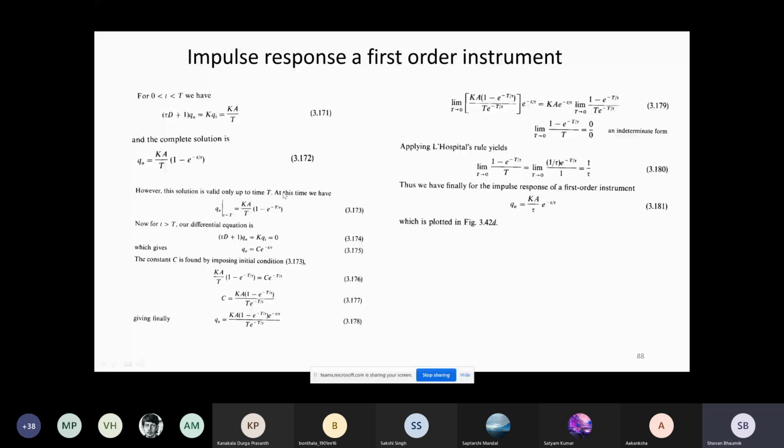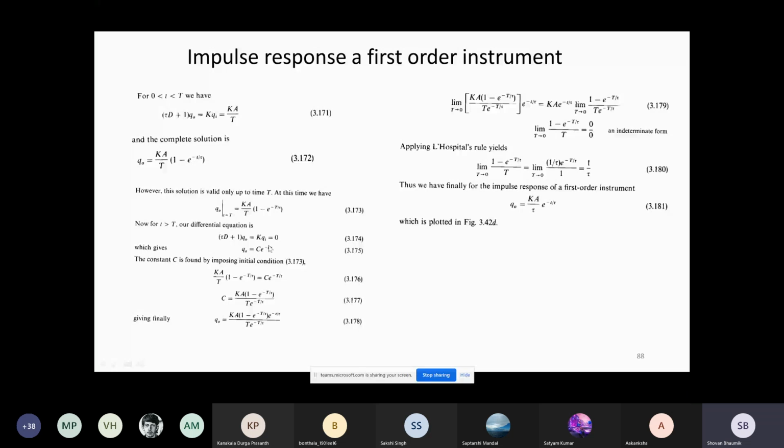Now for the time when t is more than capital T, the right hand side of our differential equation becomes 0 because there is no input. So it will be tau D plus 1, q0 equals 0. So q0 will be equal to C e to the power minus t by tau. This constant C can be found from the condition, equation 3.173, where q0 at the time t equals T equals this.